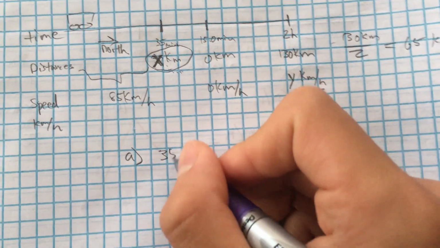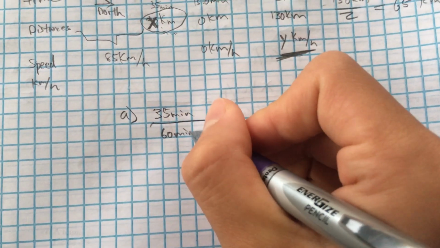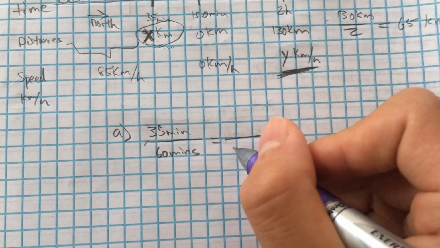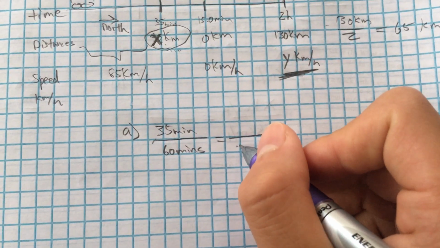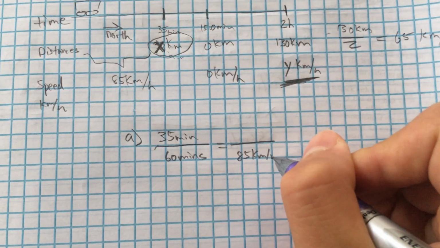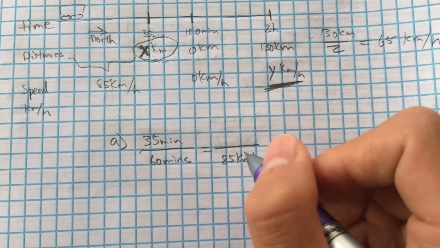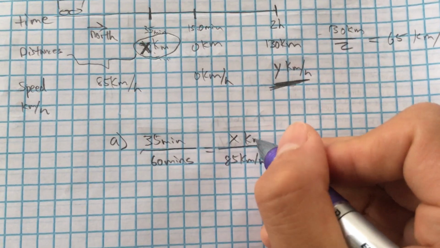So 35 minutes over 60 minutes equals, and I put the kilometers on this side. In 1 hour, his speed is 85 kilometers per hour, and then we put x km.